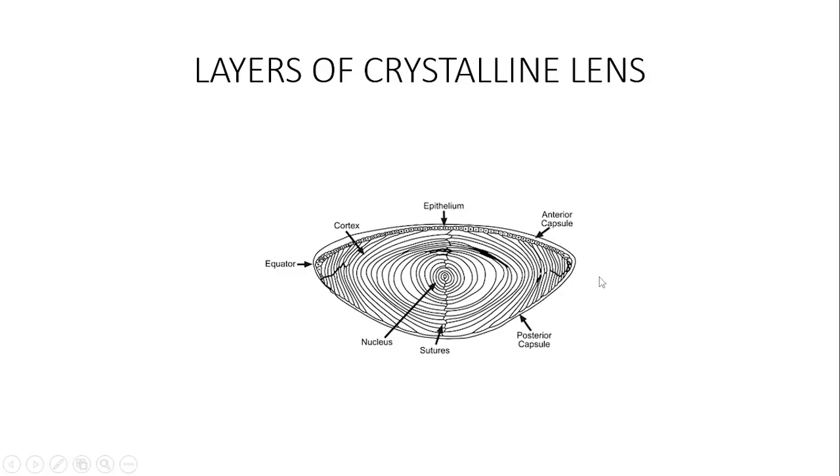The total dioptric power in the crystalline lens is 40 to 45 diopters. But during accommodation, it will what? Increase. Alright? And then we have what? Equatorial diameter. During accommodation, the equatorial diameter decreases, because the lens will become more globular and more spherical.